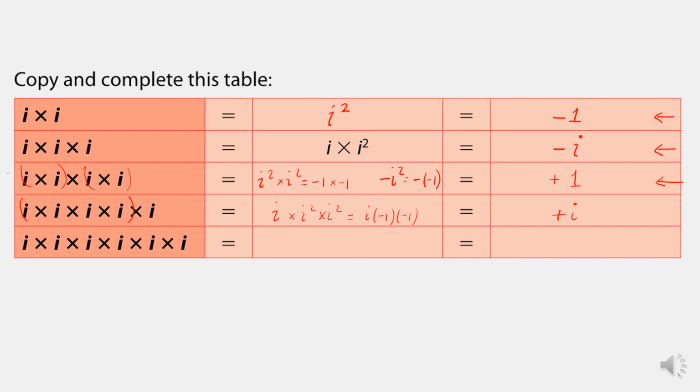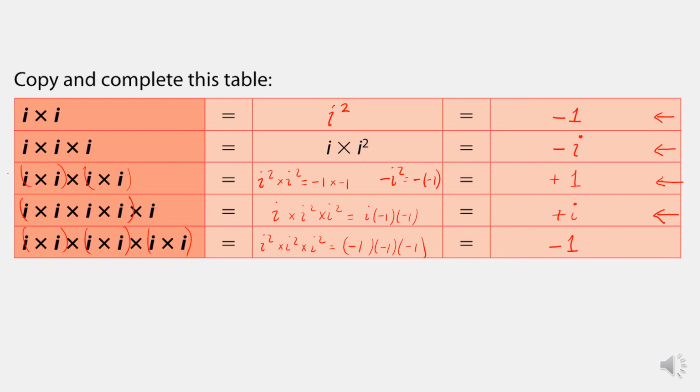Then at the bottom one, if we take them as i squares, that's i squared by i squared by i squared, and that's equal to minus 1 times minus 1 times minus 1. Minus 1 by minus 1 is plus 1, by a minus 1 gives me minus 1. Or if I take the result from the previous row and multiply it by an additional i, I get i squared, and of course i squared is minus 1.